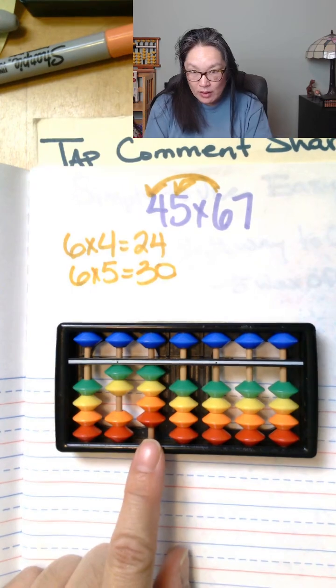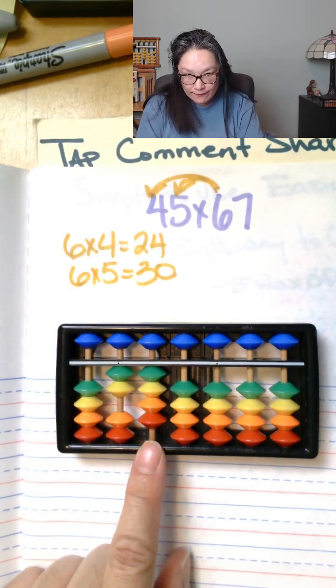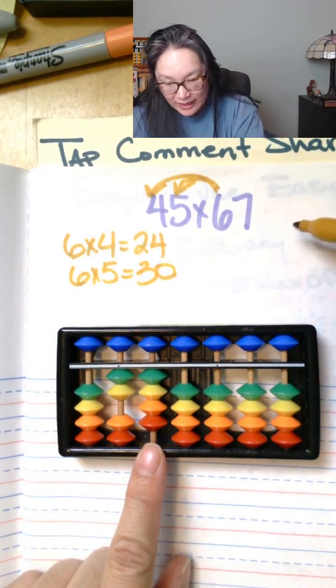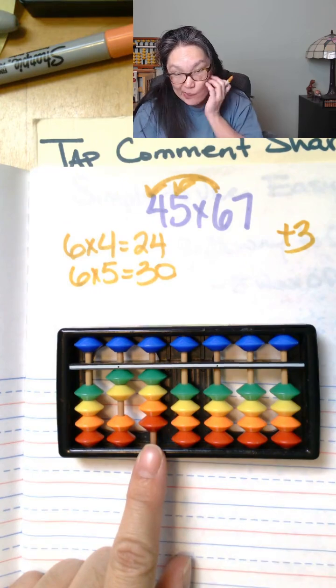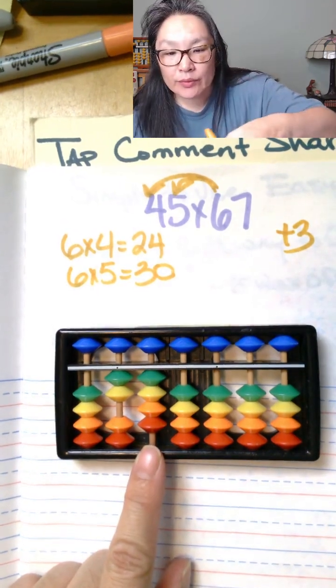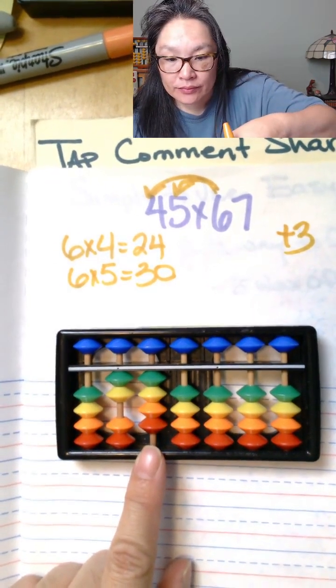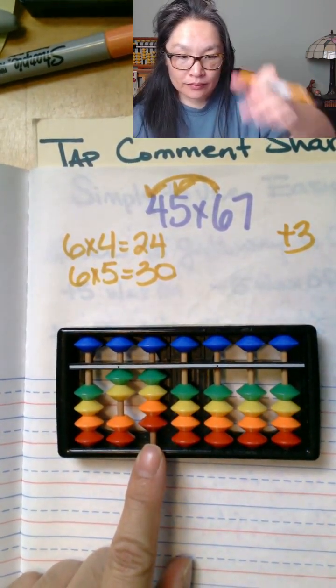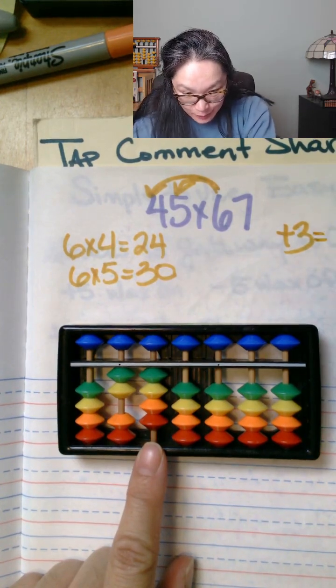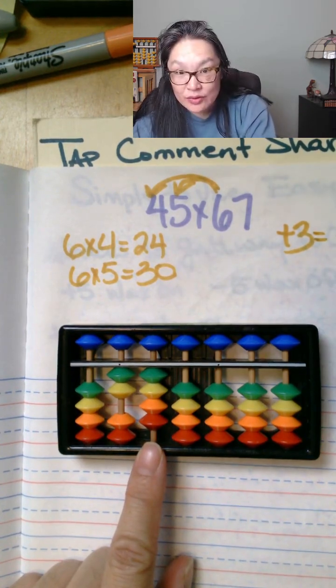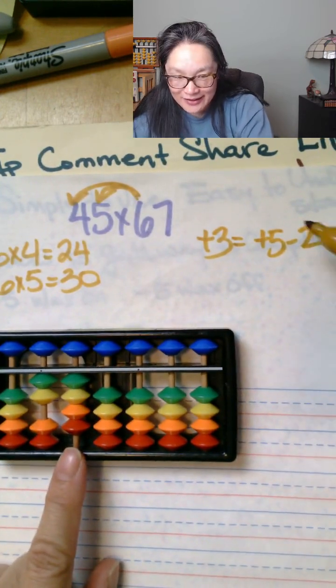Do we remember our making of the 5 formula? I want to add 3. There's not enough beads to add the 3. So what do I do? Yes. Plus 5 minus 2. That did not work. You're right.